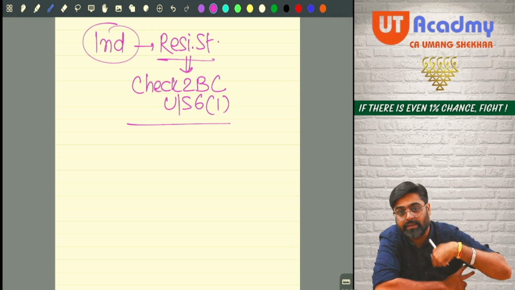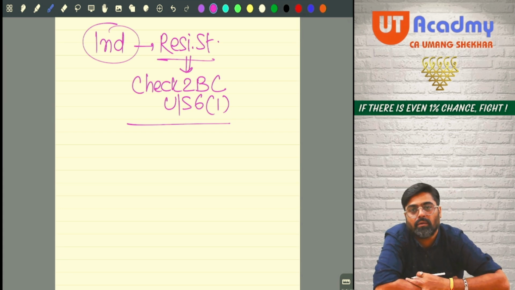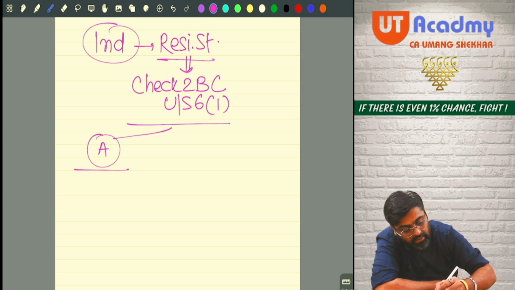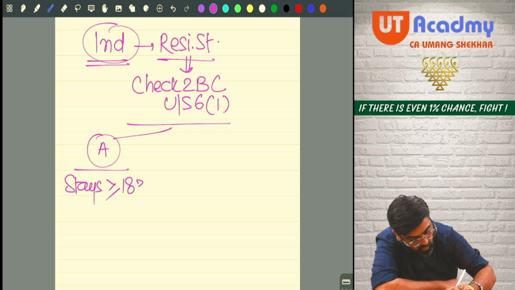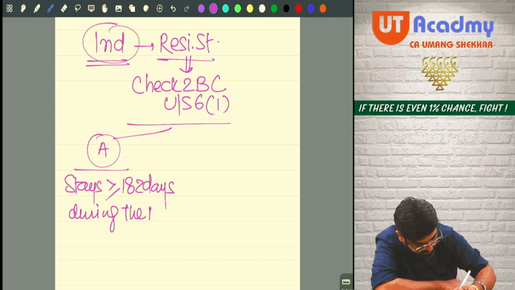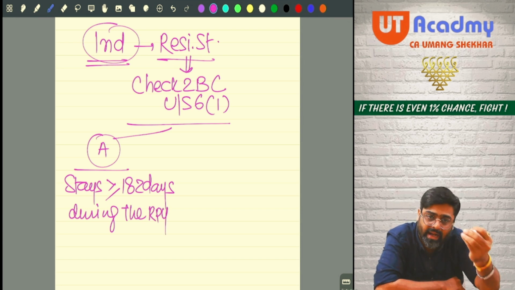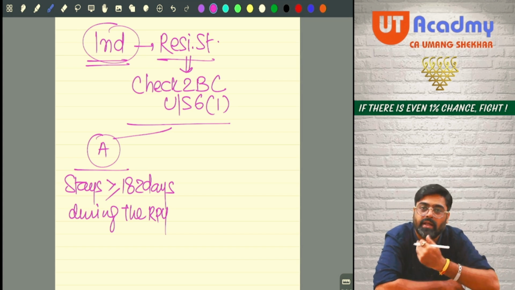Those two basic conditions I will have to check. First condition is A, which says that if this individual stays in India for a period of greater than or equal to 182 days during the relevant previous year, then for that previous year he becomes a resident. Done.